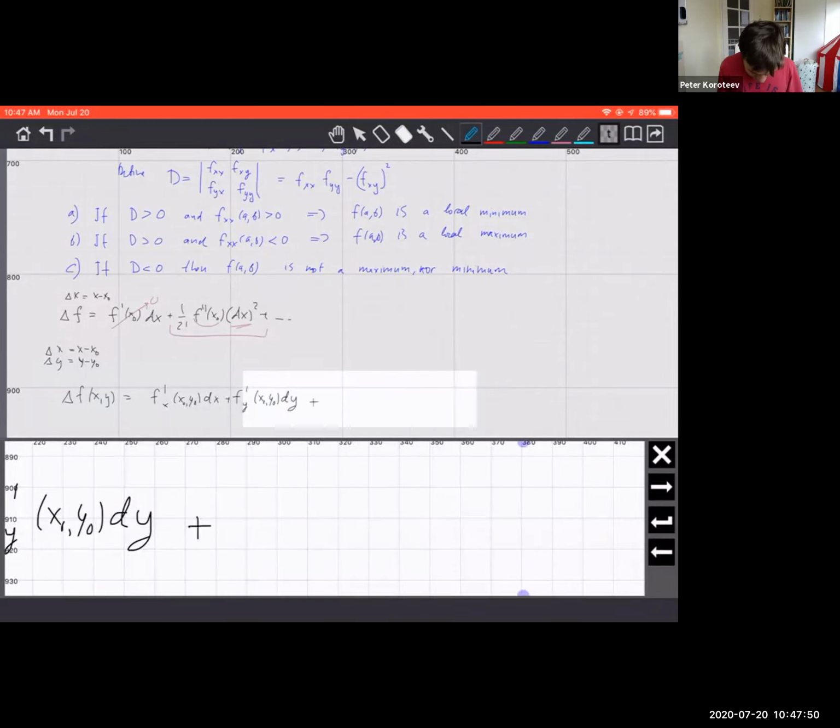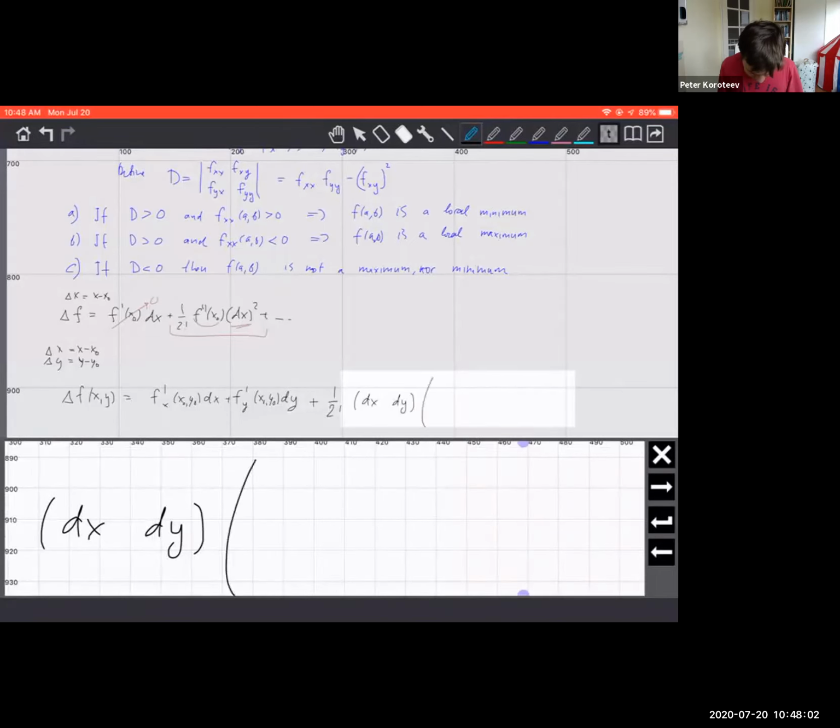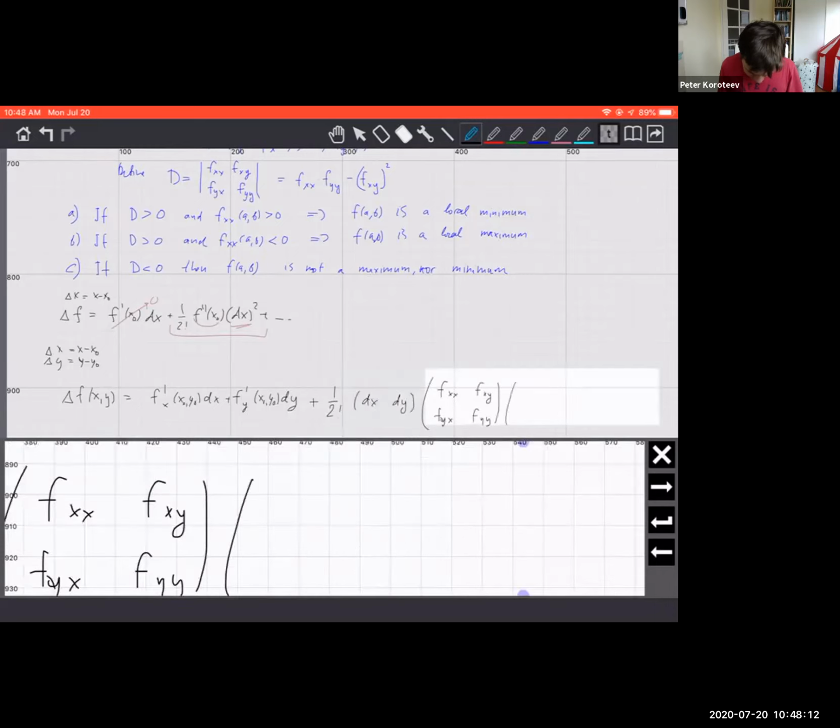But then you'll have this quadratic form, 1/2 factorial, and you can write it as a matrix: the row dx dy multiplied by the matrix we had, fxx, fxy, fyx, fyy, times the column dx dy.